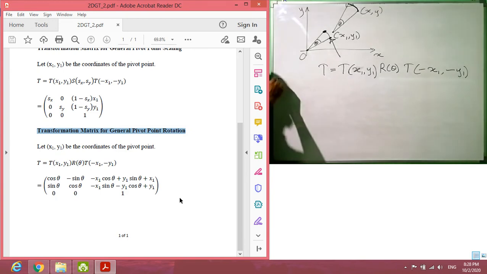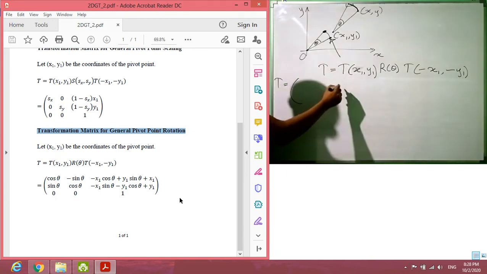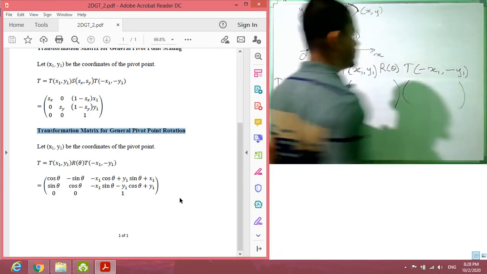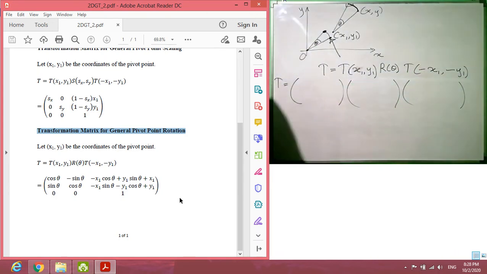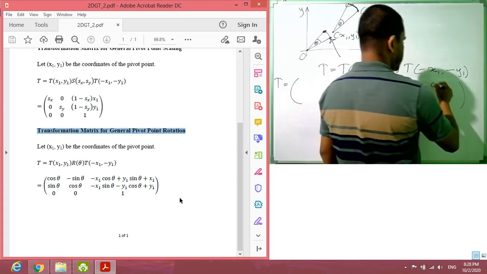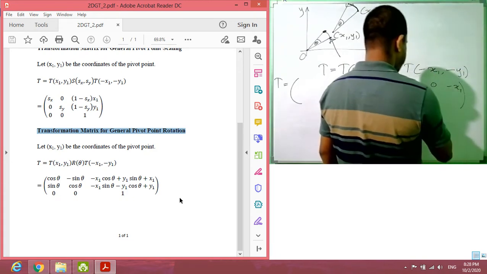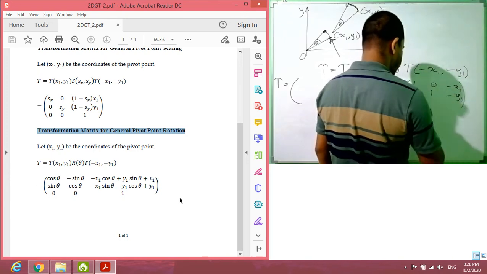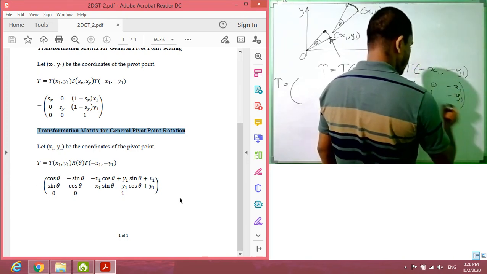Now let's try to compute this. The first matrix is 1 0 minus x1, 0 1 minus y1, 0 0 1.